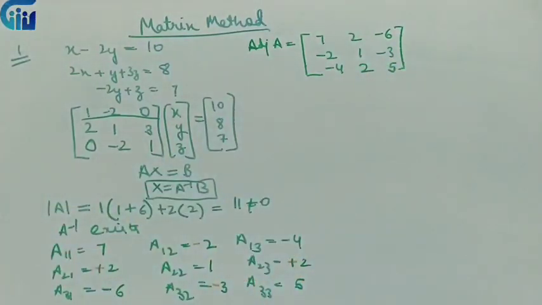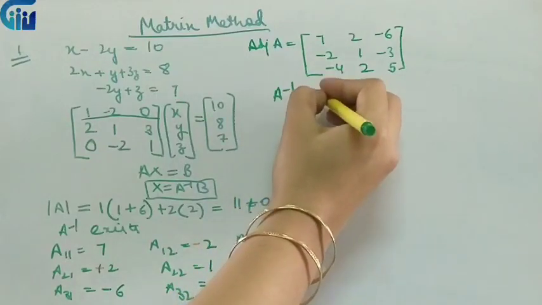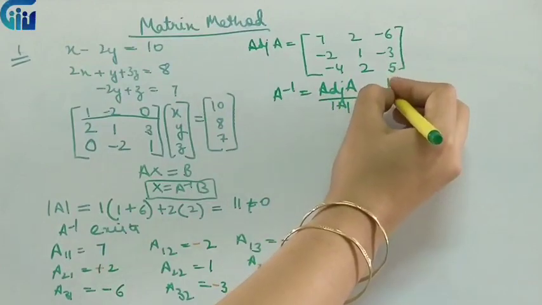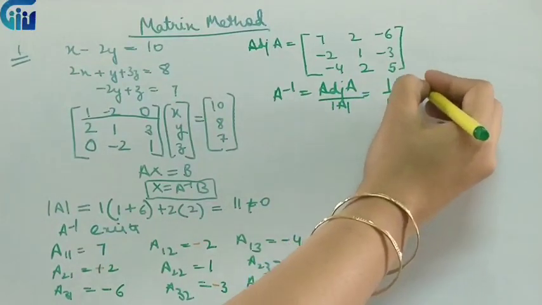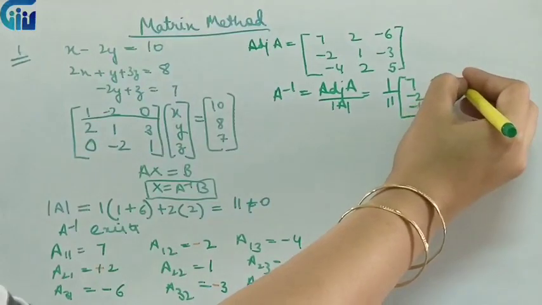So this is my adjoint. What is the adjoint? It is the transpose of the cofactor matrix. Now what is A inverse? A inverse is the adjoint of A upon the determinant. So we will write the determinant like this: 1 upon 11, and everything else will be the same.